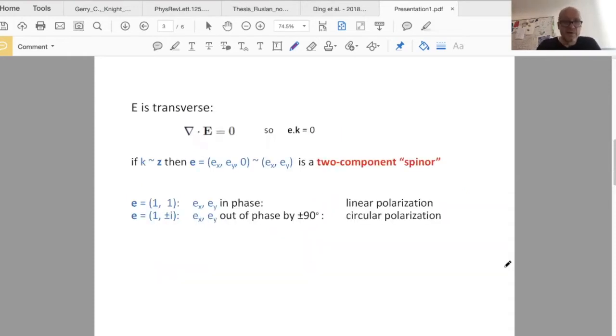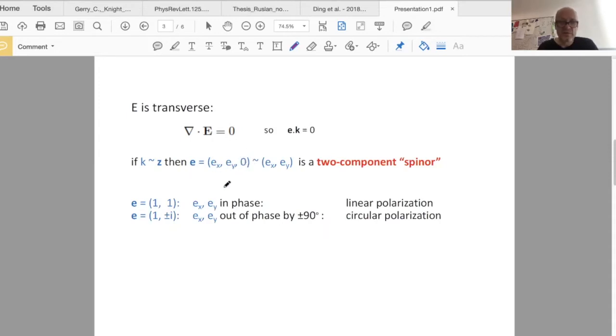Now, furthermore, the electric field, of course, must be transverse because the divergence of E must vanish. So the polarization must be perpendicular to the k vector with propagation direction. And if the wave propagates along z, then this polarization must therefore have this form with this component 0.